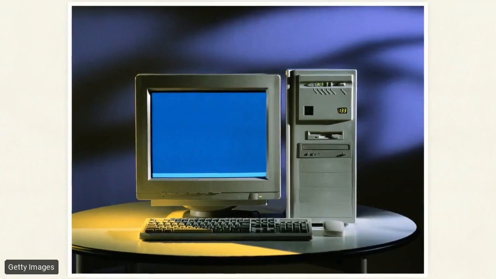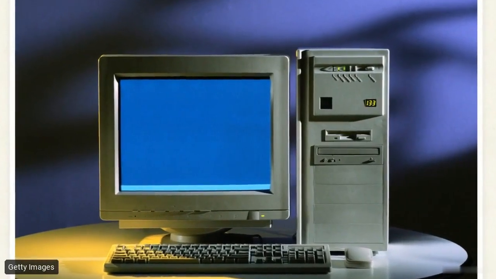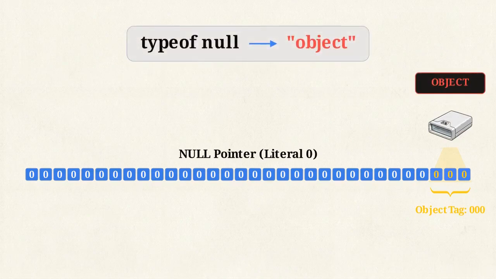To understand why, we have to look back at the original design of the language in the mid-1990s. In early 32-bit architecture, values used a type tag in the lowest bits. 000 was the tag for objects. The null pointer was a literal 0. Its all-zero binary sequence inadvertently included the exact 000 signature of the object tag.